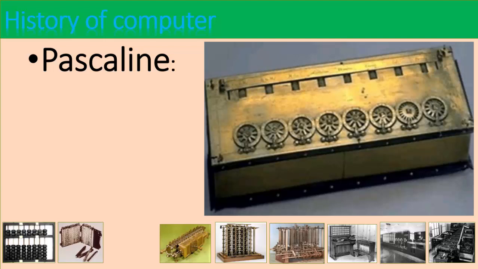It could only perform addition and subtraction. It was a wooden box, as you are seeing in the figure, with a series of gears and wheels. When a wheel is rotated one revolution, it rotates its neighbor, with a series of windows on the top of the wheels to read the totals.